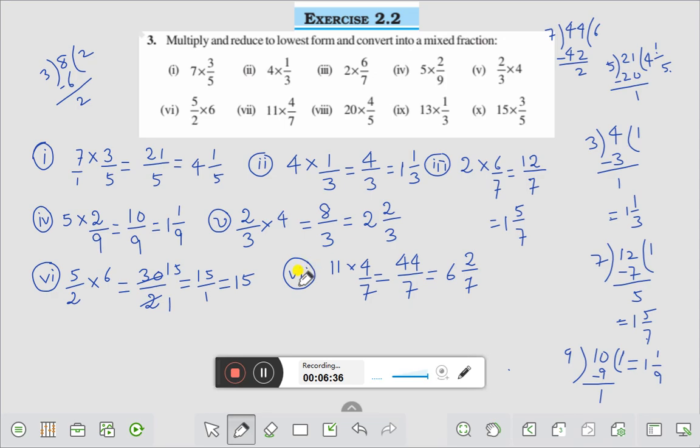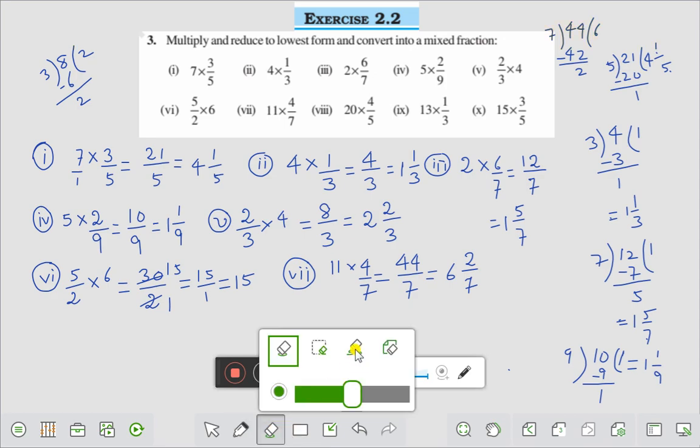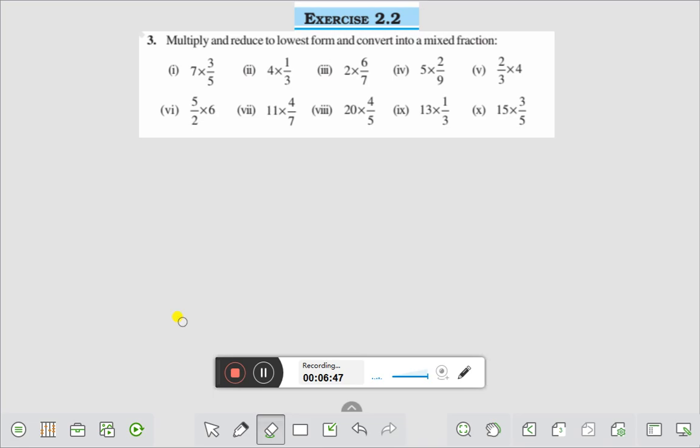Now we'll solve question number 8. Question number 8 is 20 into 4 by 5.